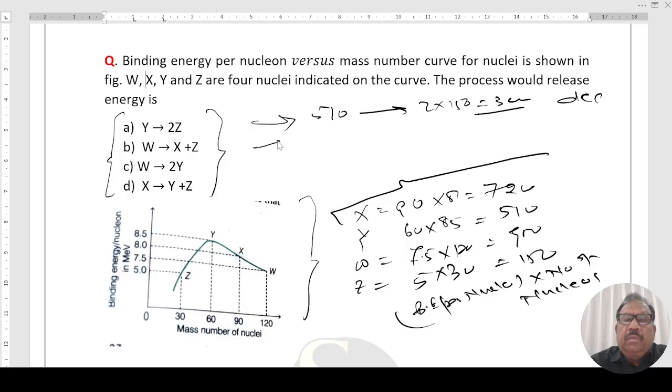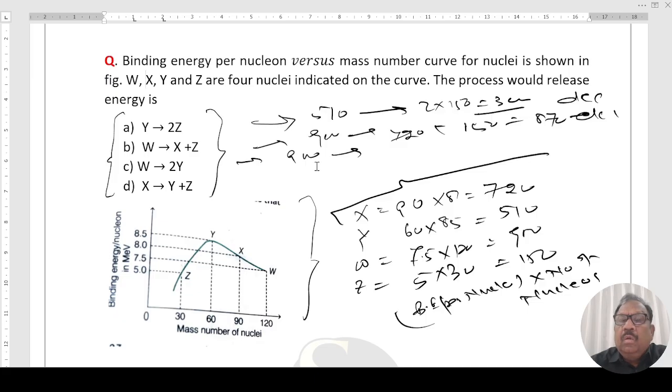W is 900, X plus Z is 720 plus 150, that is 870, which is a decrease, not possible. While W 900 to 2 Y, 2 into 510, that is 1020. This is an increase. And in the other case, this is not possible.